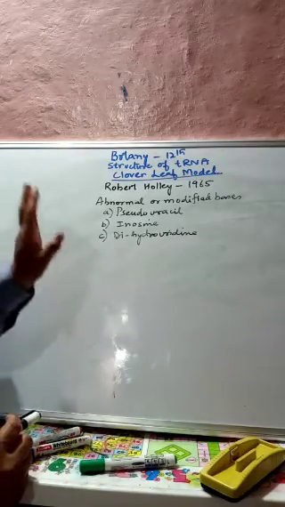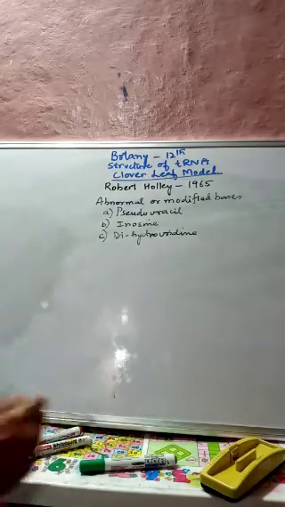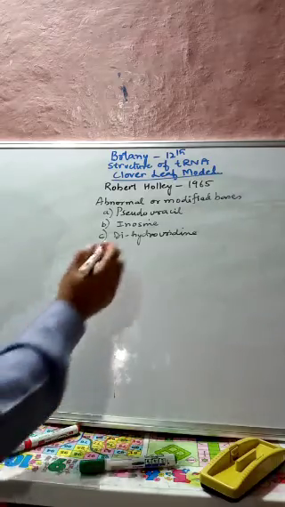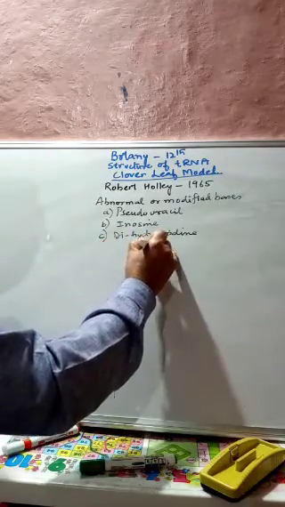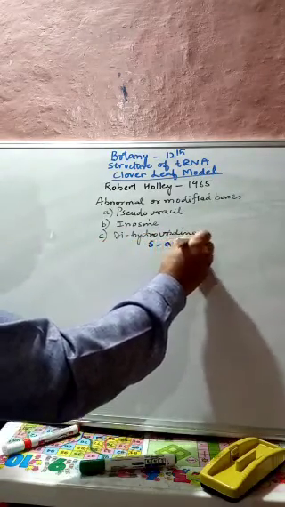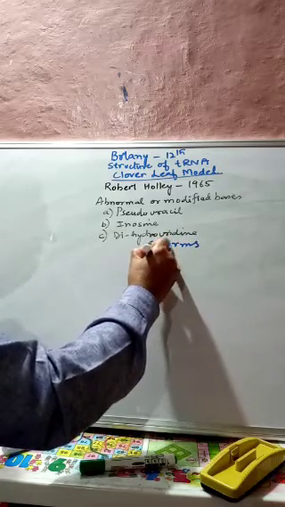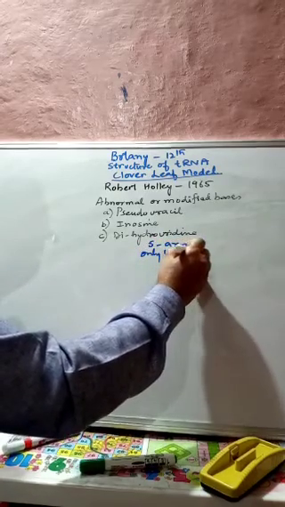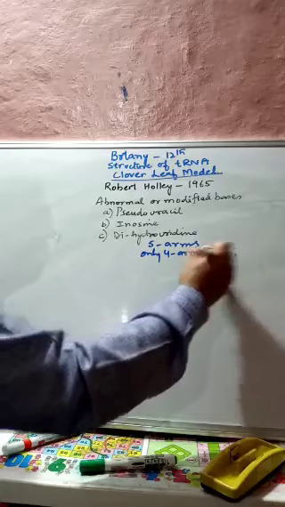And altogether in this model, there are 5 arms, and out of these 5 arms only 4 arms are important.